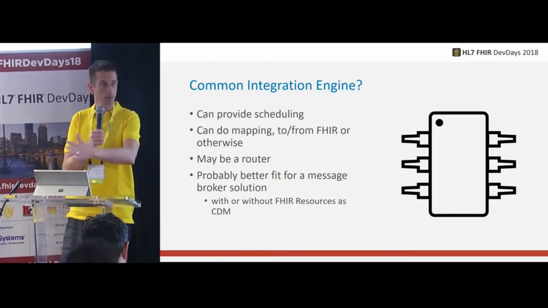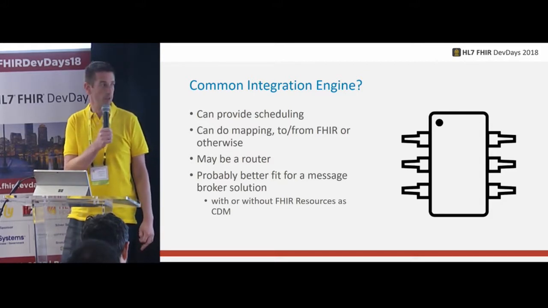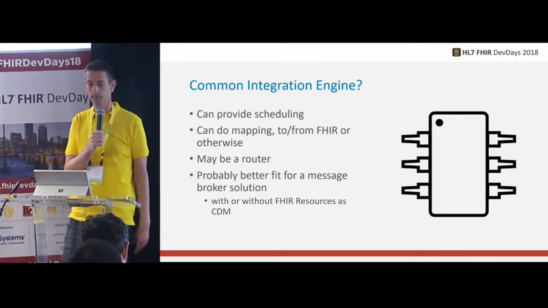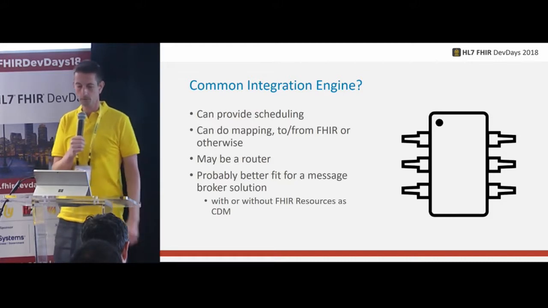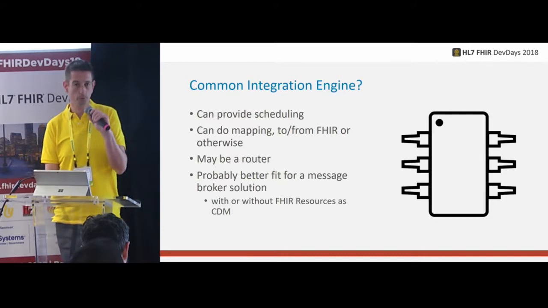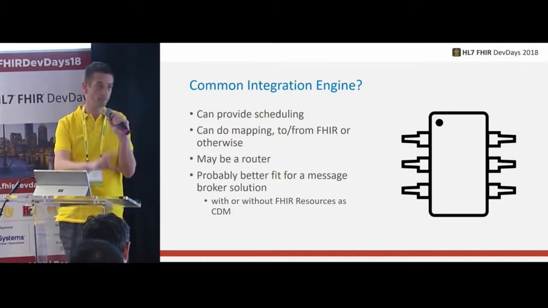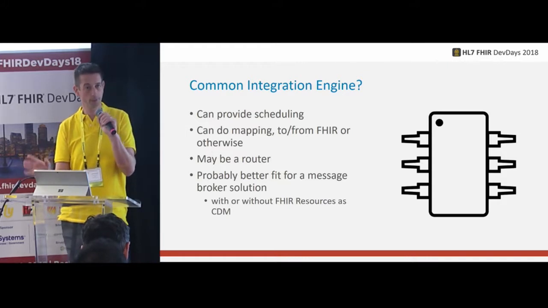You can probably configure that in an integration engine because that's what they're good at. So that makes it also a better fit for a message broker solution. And whether that message is then in FHIR resource format or some other format is less important.